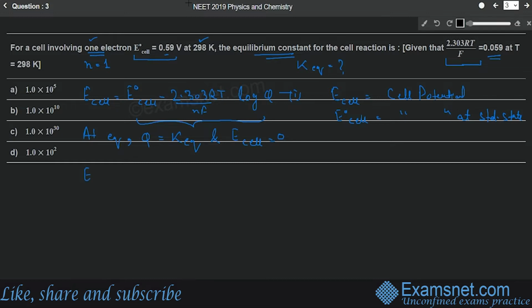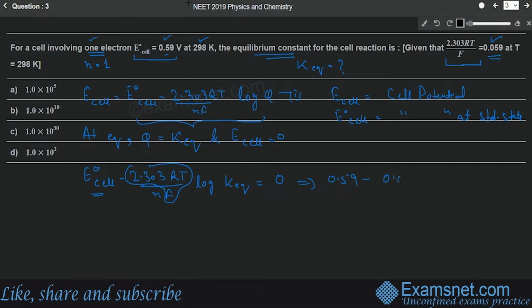So we can write that at equilibrium, E naught cell minus 2.303 RT by NF log K equilibrium, because now Q is equal to K equilibrium. So this total expression will become 0. Okay. Now let's put the values. E naught cell is given as 0.59. So 0.59 minus, it is also mentioned in the question that 2.303 RT by F is equal to 0.059.